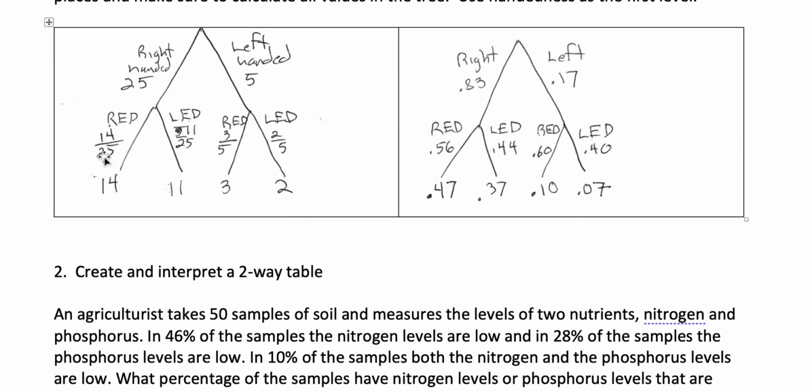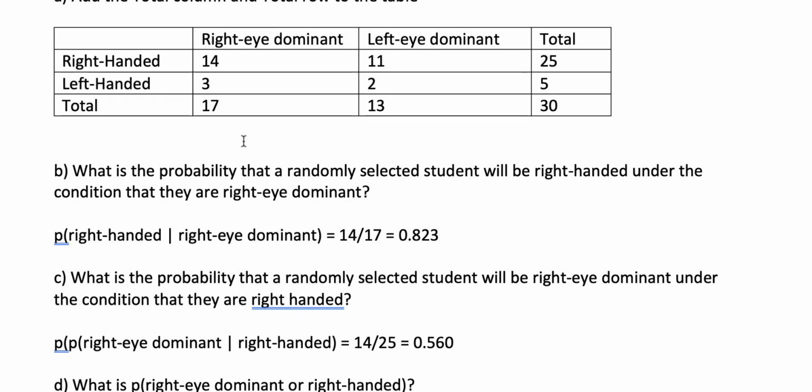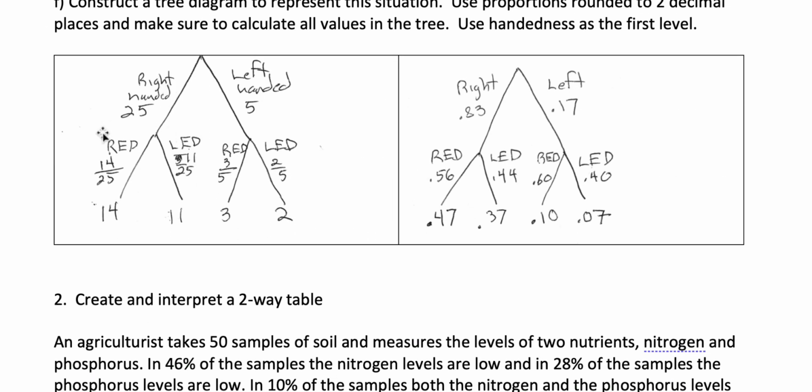Off of that, 14 of the 25 are right eye dominant, and 11 of the 25 are left eye dominant. Over here, it's 3 out of 5 are right eye dominant, 2 out of 5 are left eye dominant. So when we multiply down here, we get these numbers down here. These numbers are the 4 numbers in the inner boxes: 1, 2, 3, 4.